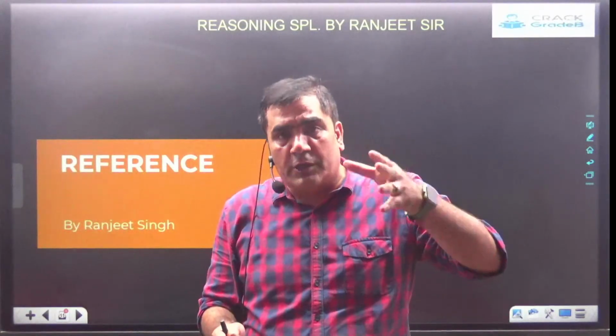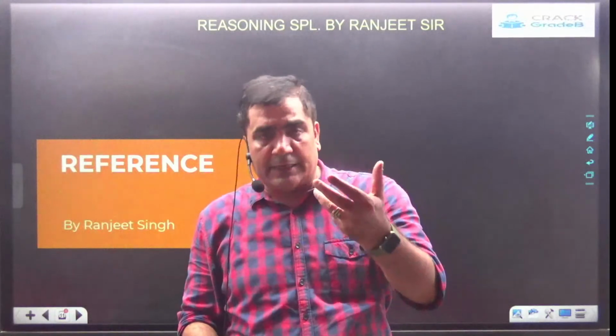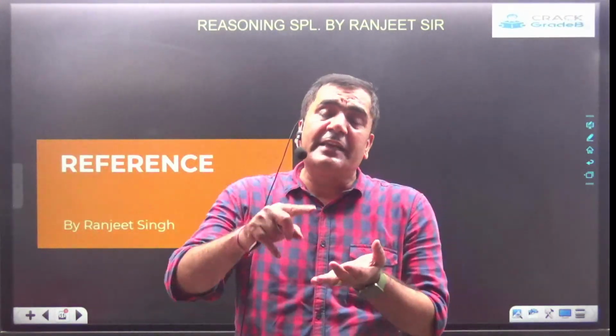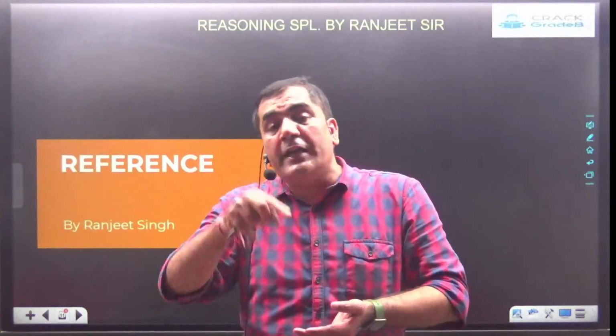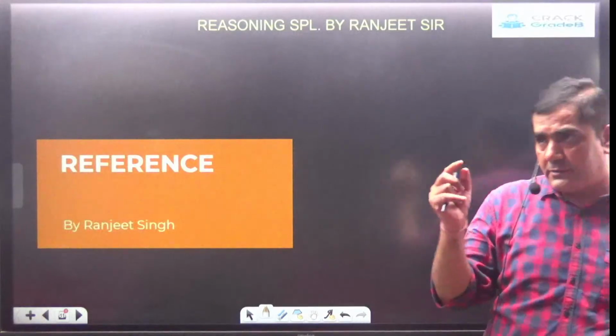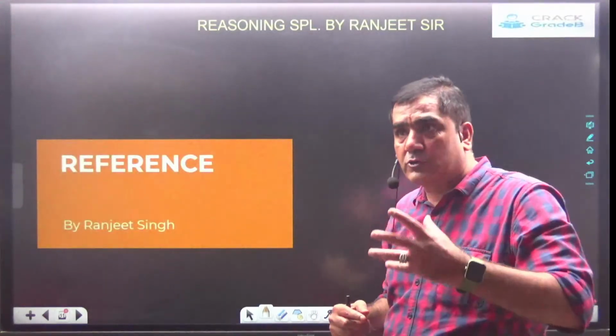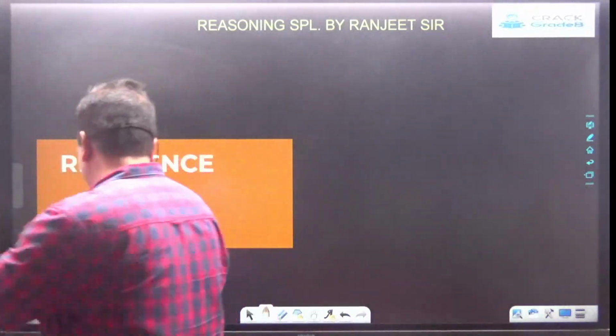They will give position of one person with respect to the other person. For example, they will say like this: A is in the north of B, C is to the south of B, D is to the east of E, something like this. So how to solve these sort of questions in the exam? Let's start with the concept first.